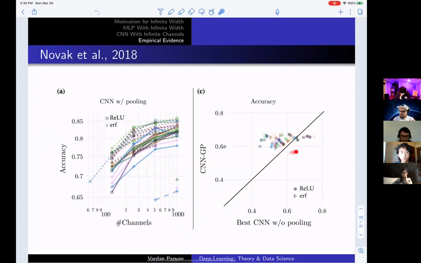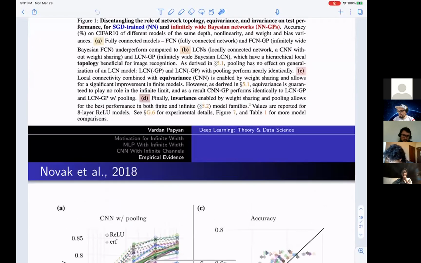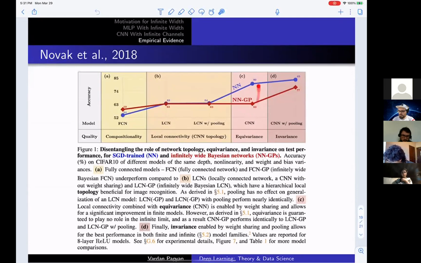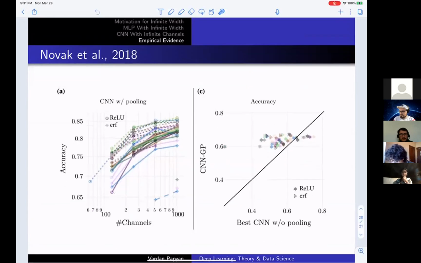You see there's a bunch of different networks here, and in most of the cases the infinite width Gaussian process is performing better, but in some of the networks the CNN is performing best. So this implies that the difference in performance between the infinite width network and the finite width networks is caused by a small fraction of examples of networks, which are in some sense extreme cases.